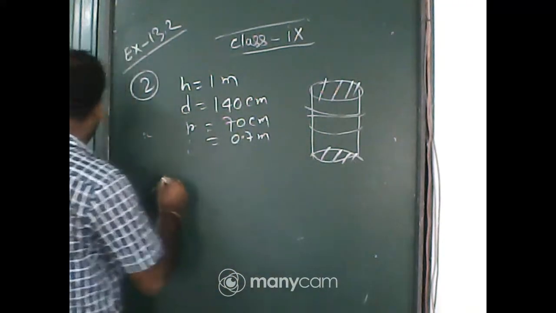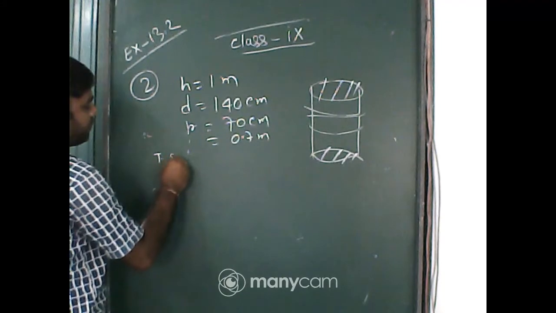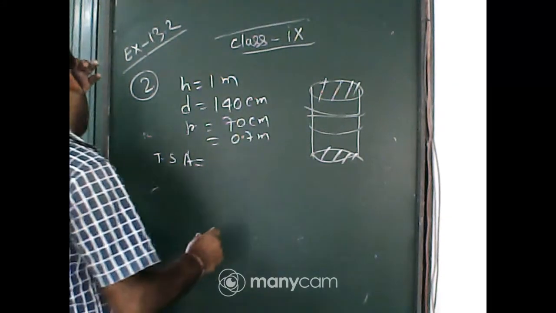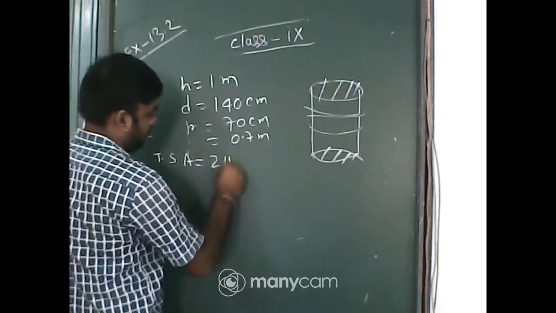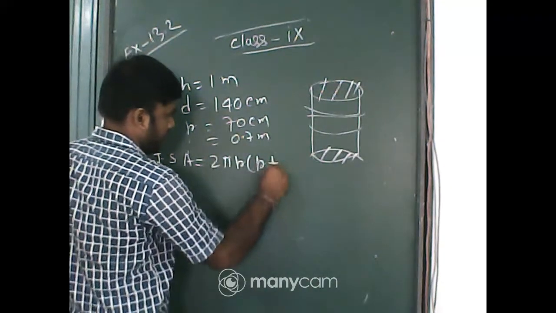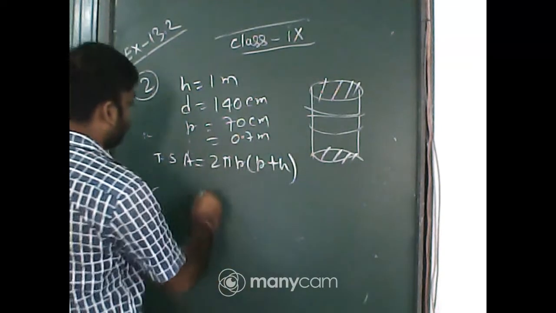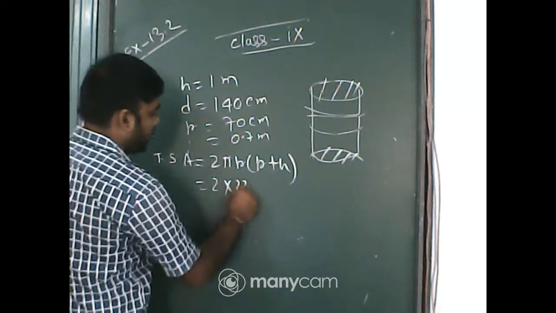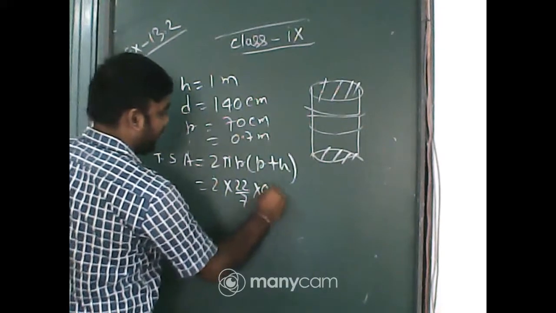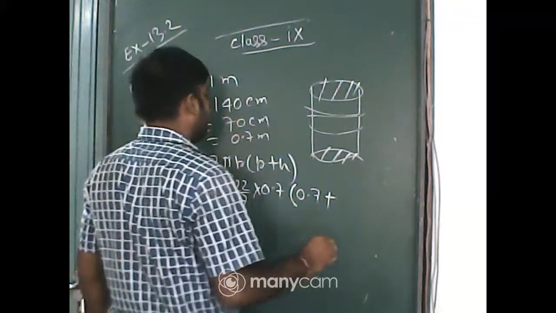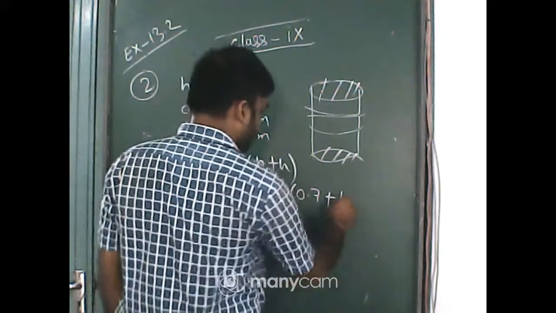So the total surface area formula is 2 pi r into (r plus h). So 2 into pi, 22 by 7, into r 0.7, into (0.7 plus 1).